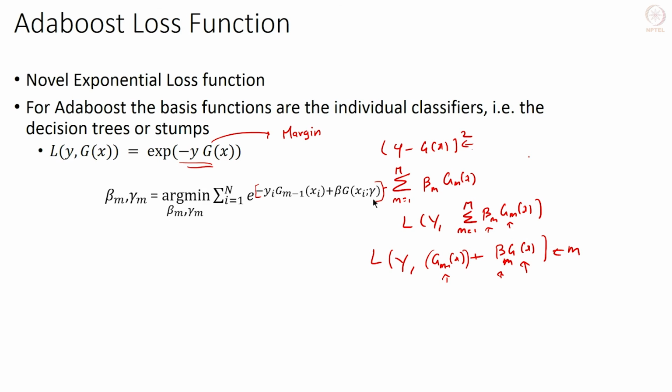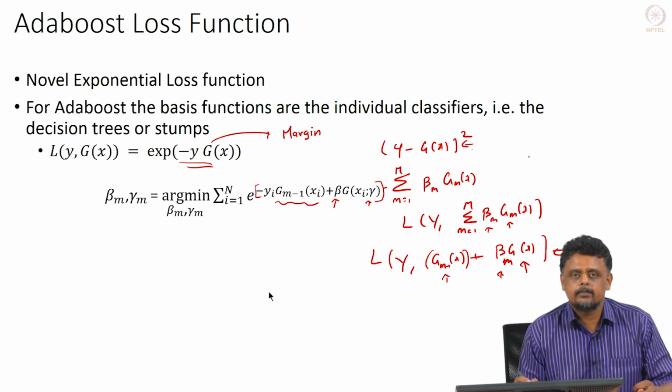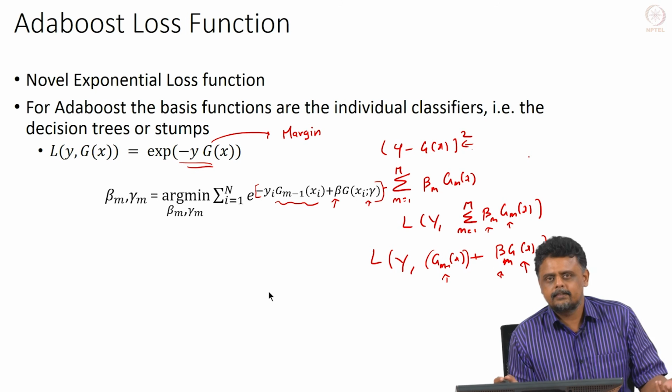Instead of the least squares, we have put in the exponential loss function. In the mth stage, we will not modify the parameters of G m minus 1, but rather only focus on estimating beta and gamma here. In the case of regression trees or classification trees, gamma represents the nodes and the features used in the split.